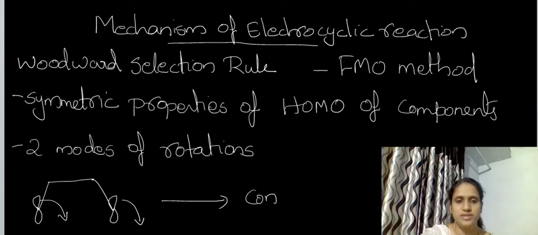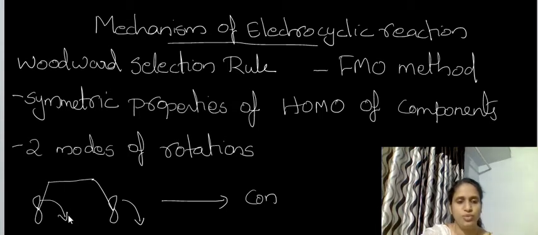According to the Woodward selection rule, the mechanism of an electrocyclic reaction is determined by the symmetric properties of the highest occupied molecular orbitals of the open chain partner, that is the HOMO of open chain components. First, we have to discuss two modes of rotation of terminal p orbitals of carbon atom.